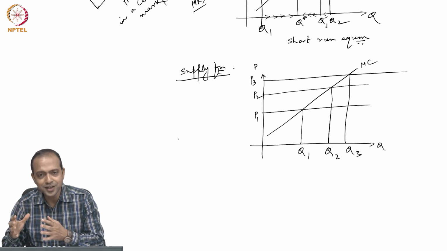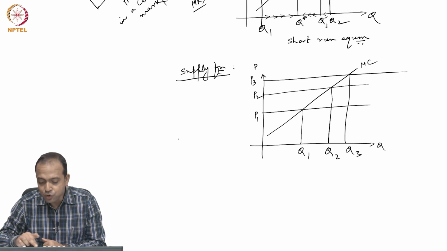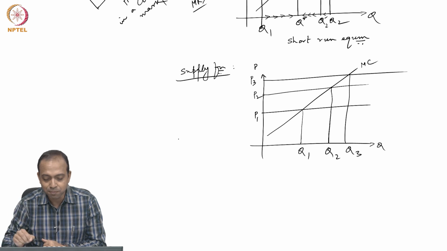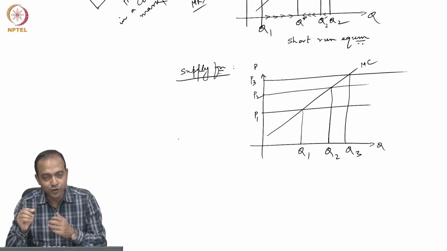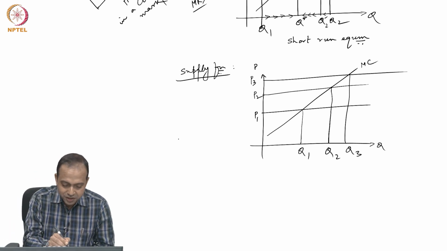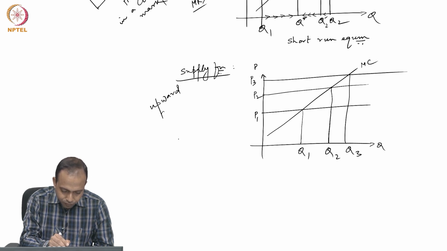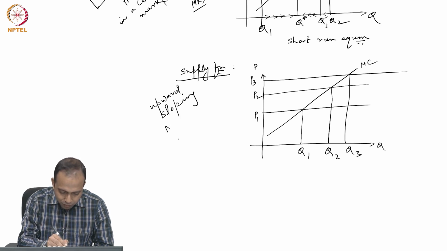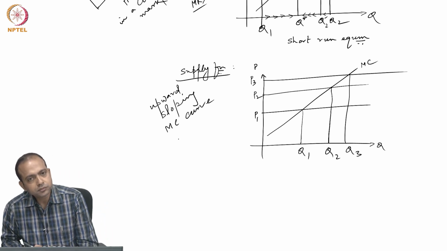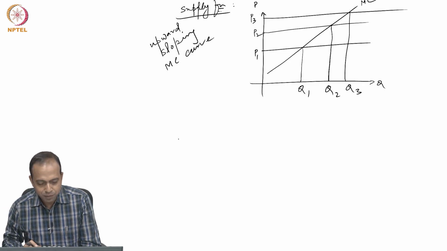The minimum price should be decided obviously by the marginal cost. That is why this upward sloping MC curve is the supply function or supply curve for a firm operating in a competitive market. Upward sloping MC curve is the supply curve for the firm.